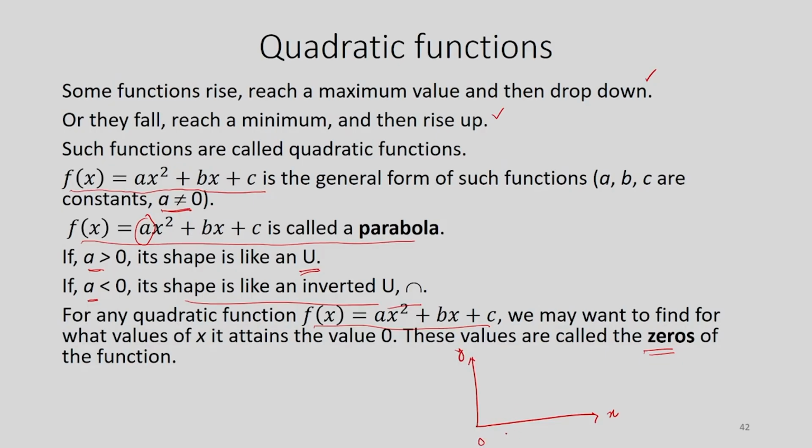Suppose the function is like this. At 2 points this function is taking the value 0, the points of intersection with the x axis. Suppose this is x1 and this is x2. So, in this particular example x1 and x2 will be called the zeros of this function.